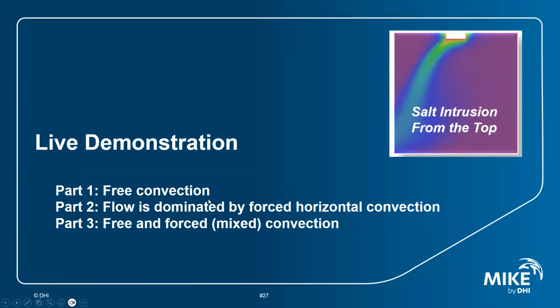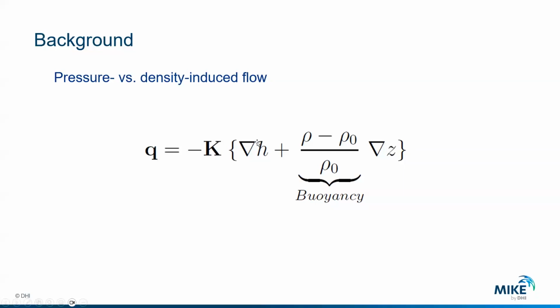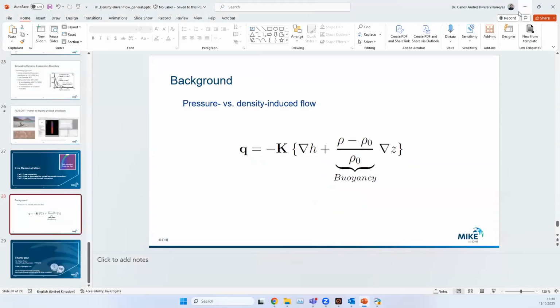Okay, so with this, I would like to jump to the live demonstration, and for that, I prepared a very simple example. In this example, we have only one model, with a salt pool on the top, and then we will try three different scenarios.